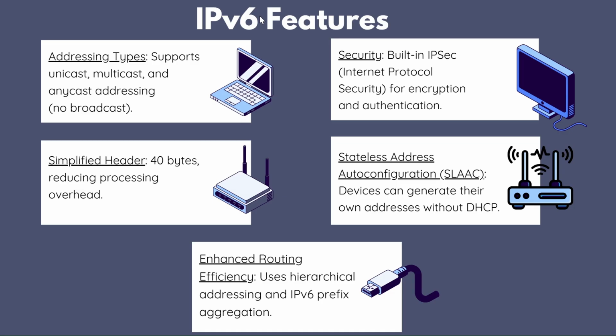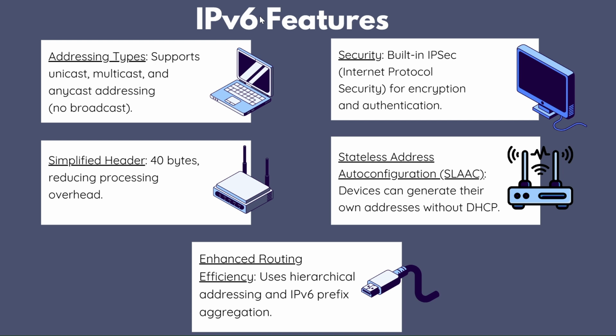Now let us see IPv6 features. Addressing types. It supports unicast, multicast, and anycast addressing, but not broadcast. Second is simplified header. It has 40 bytes, reducing processing overhead. Next is enhanced routing efficiency. It uses hierarchical addressing and IPv6 prefix aggregation.